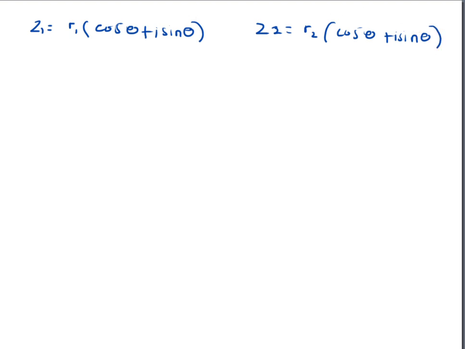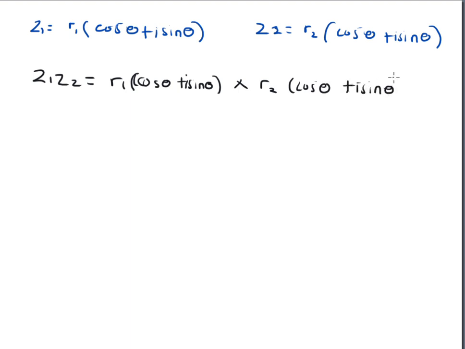Now Z1 Z2 gives us what? R1 multiplying cos theta plus i sin theta, times R2 multiplying cos theta plus i sin theta.